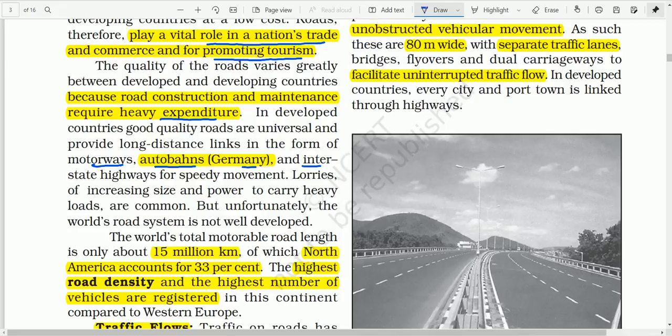Lorries, meaning heavy vehicles, of increasing size, with power to carry heavy loads, are common in these developed countries.